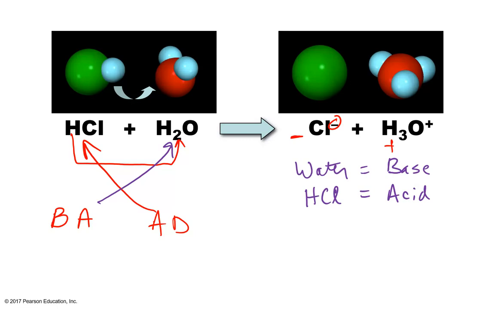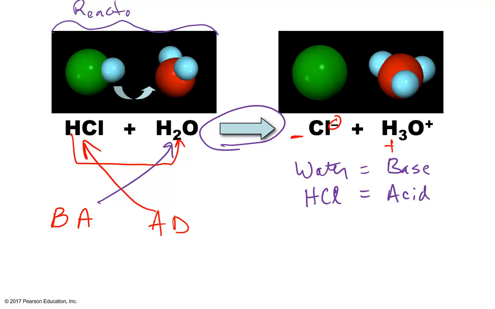So there's an example of a reaction. Notice this arrow. This arrow says we started with HCl and H2O, and we ended up with Cl minus and H3O plus. What do we call as a group these things here? The reactants.